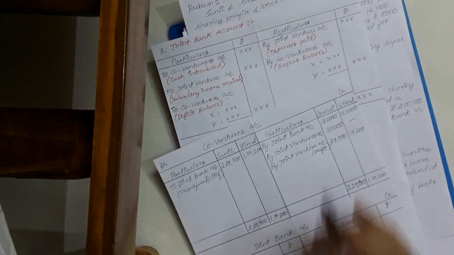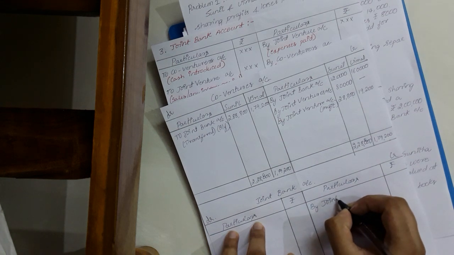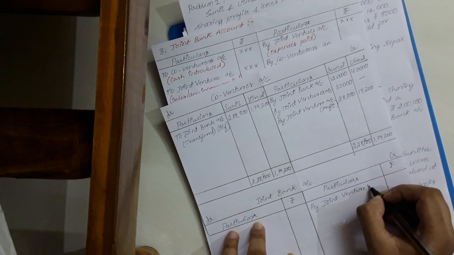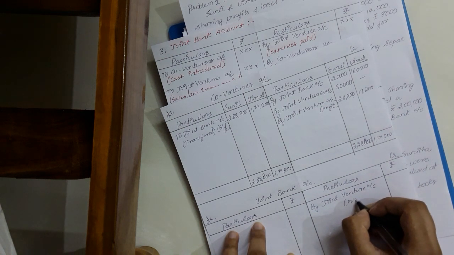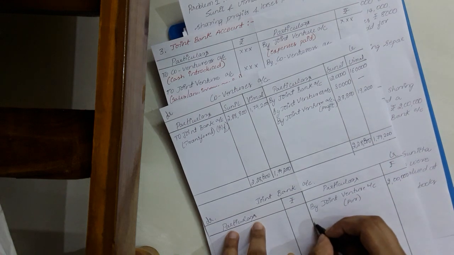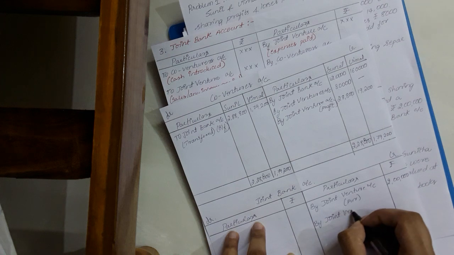So what we'll be writing here, by joint venture account, is purchase. First we'll be writing for purchase, 2 lakh rupees worth of purchases, and then the other one is normal expenses incurred in the joint venture.